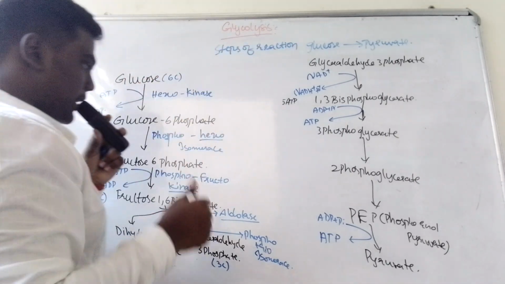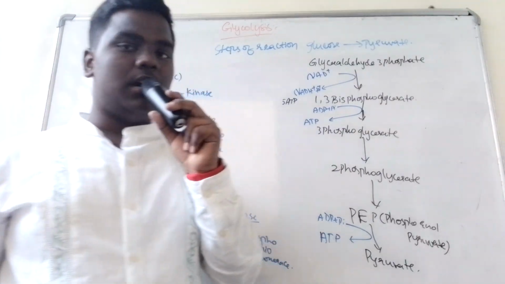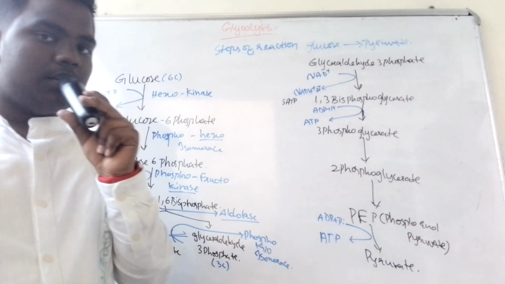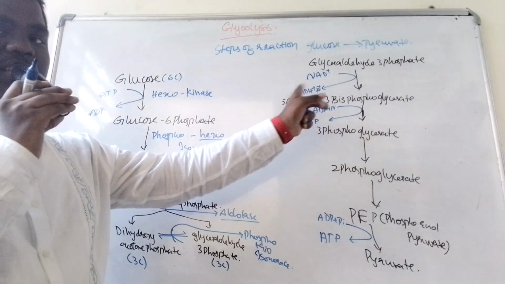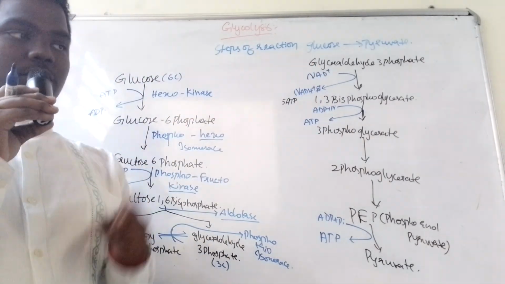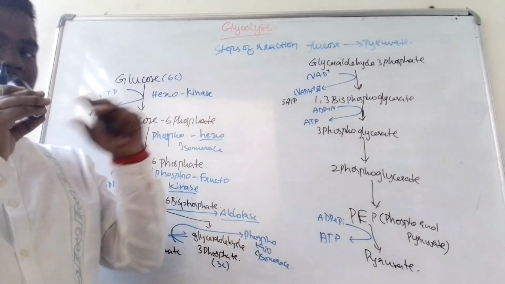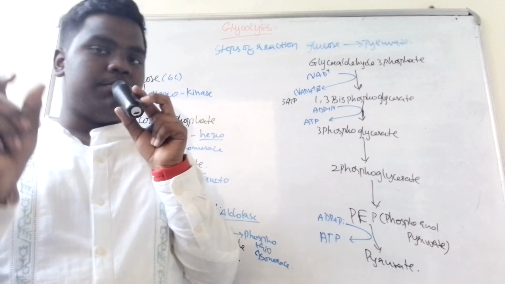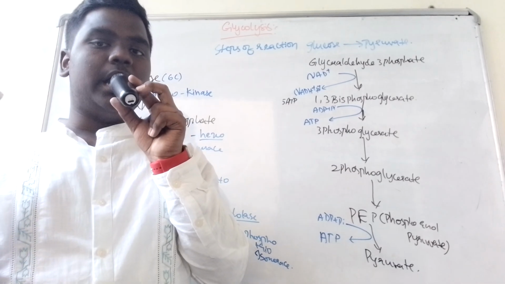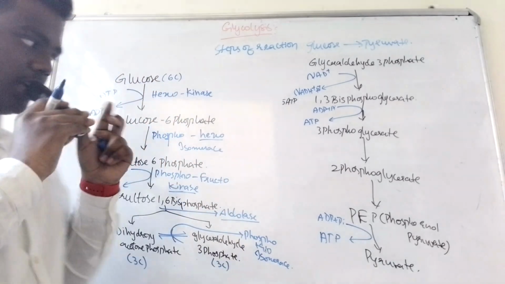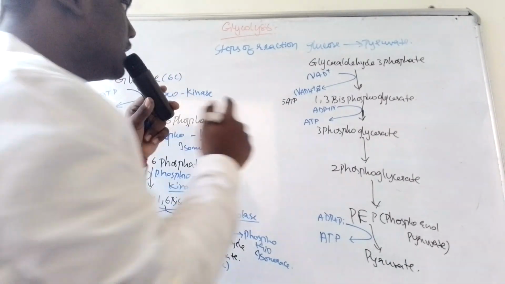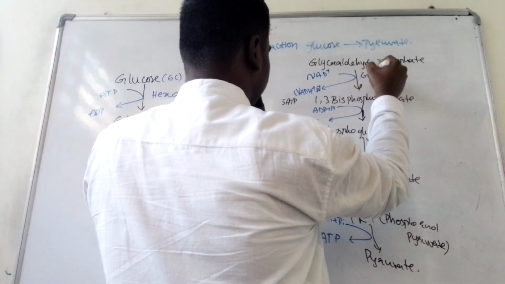Coming to the next part, that is conversion of glyceraldehyde 3-phosphate to 1,3-bisphosphoglycerate. Here if you see, there is NADH plus H plus involved in it. So whenever there is NADH plus H plus, most of the time that enzyme will end with the term dehydrogenase. Here we are saying kinase, then we will say dehydrogenase. What dehydrogenase?